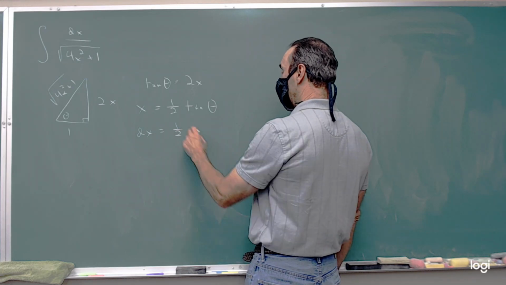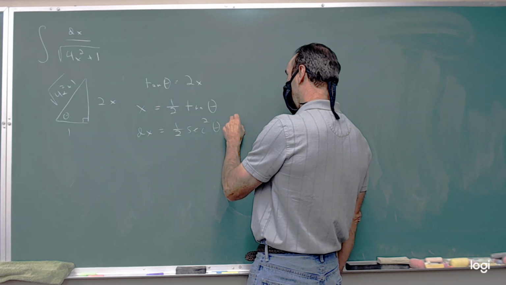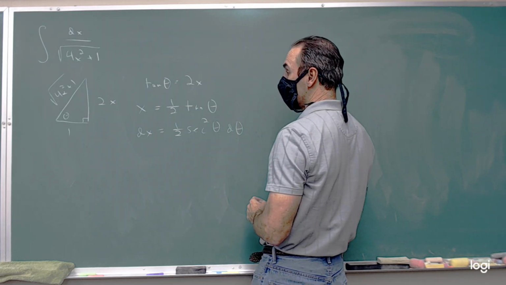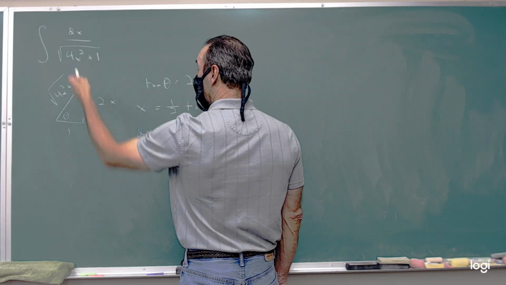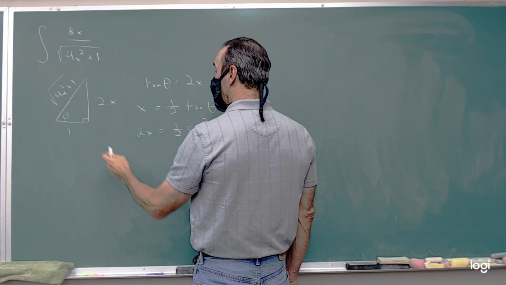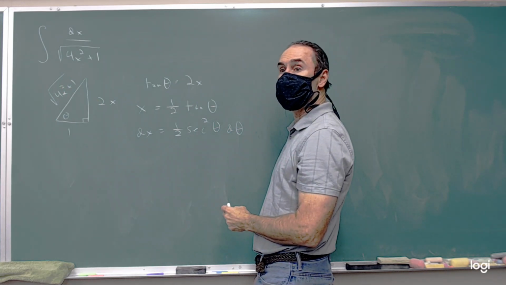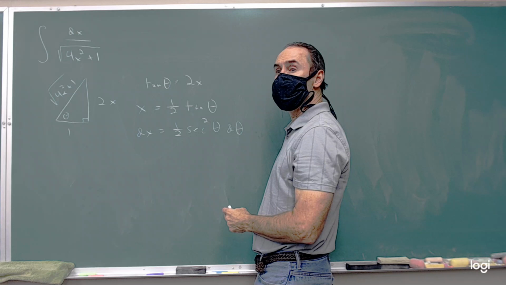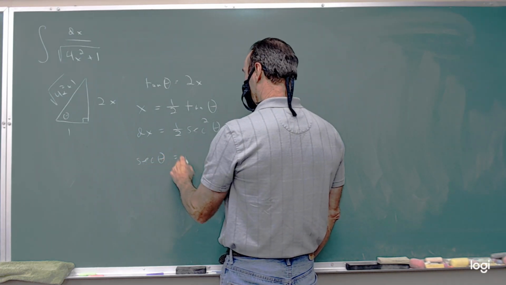And the derivative of tangent is secant squared. And what else do we need? Our radical. Well, we don't want it in the denominator though, so it'll be secant. Yeah. So secant theta will be our radical.